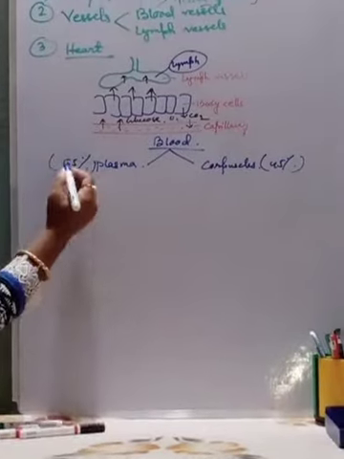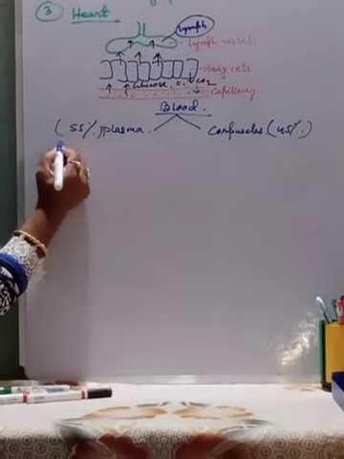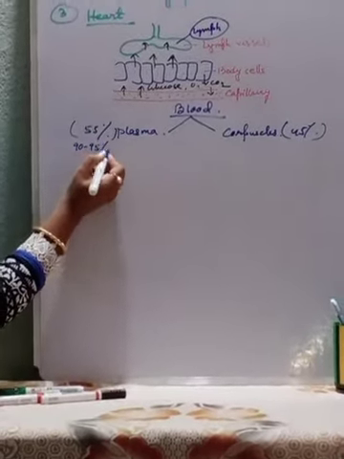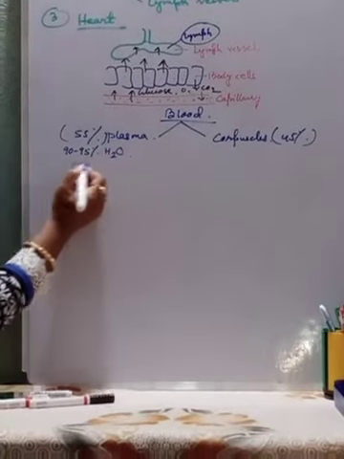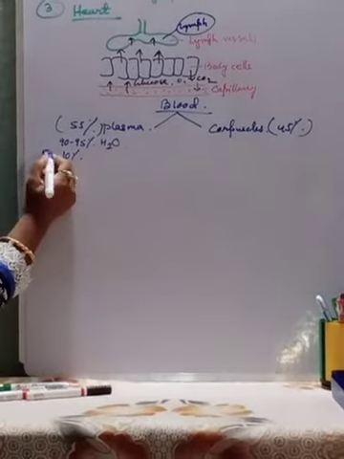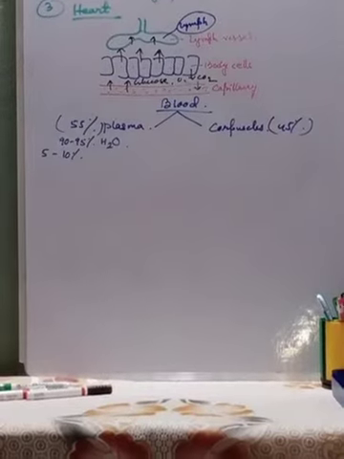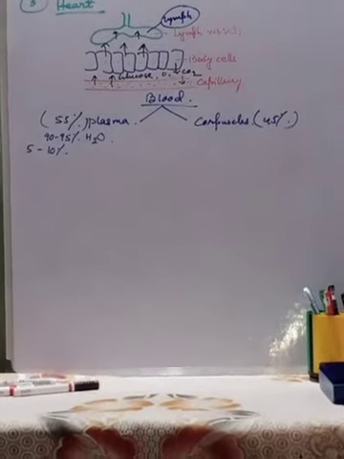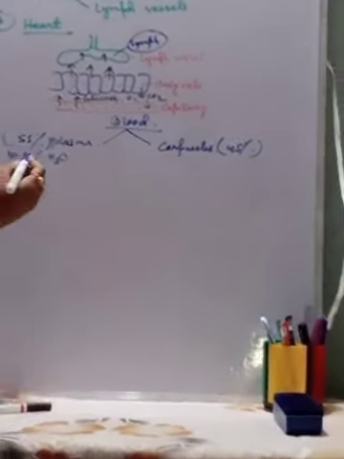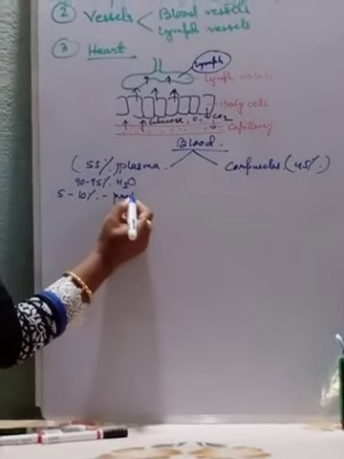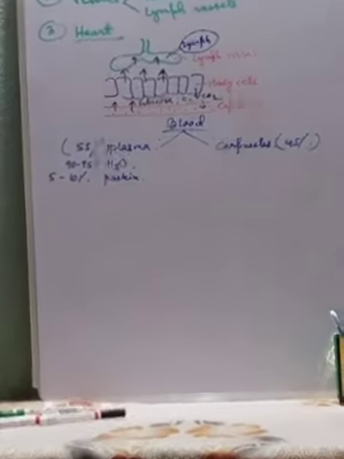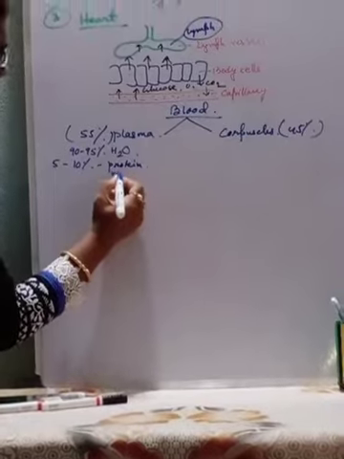Now this plasma, out of that 55%, 90 to 95% comprises water, and the rest 5 to 10% comprises many things. What are the many things? Many organic substances. Maybe proteins like globulin. It may be in the form of nutrients. What are the nutrients?